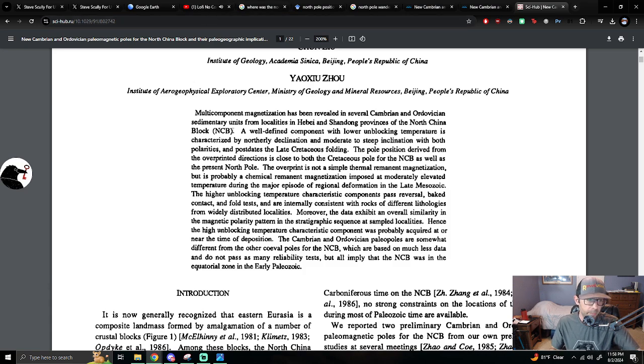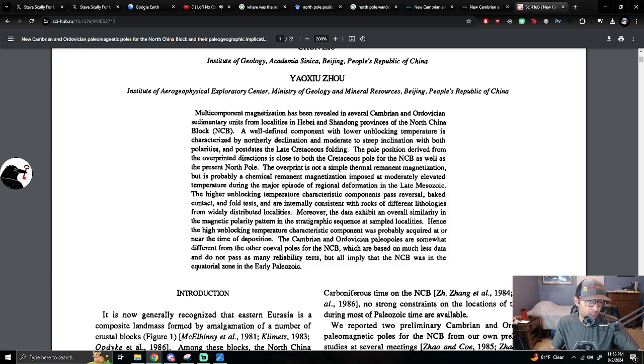Where were we? A well-defined component with lower unblocking temperature is characterized by northerly declination and moderate to steep inclination with polarities and post-dates the late Cretaceous folding. I think I skipped all this. Let's just read it again, sorry.